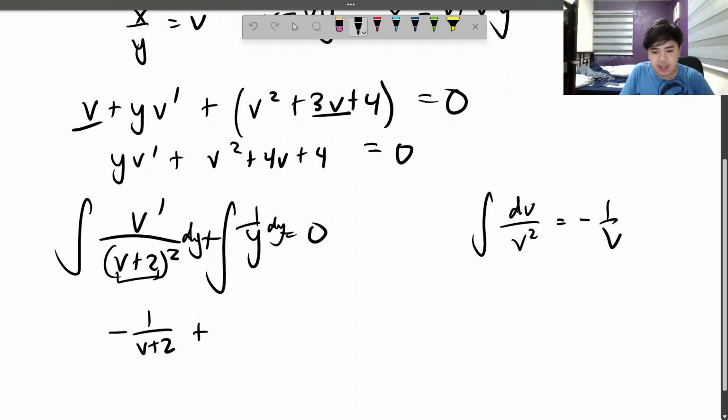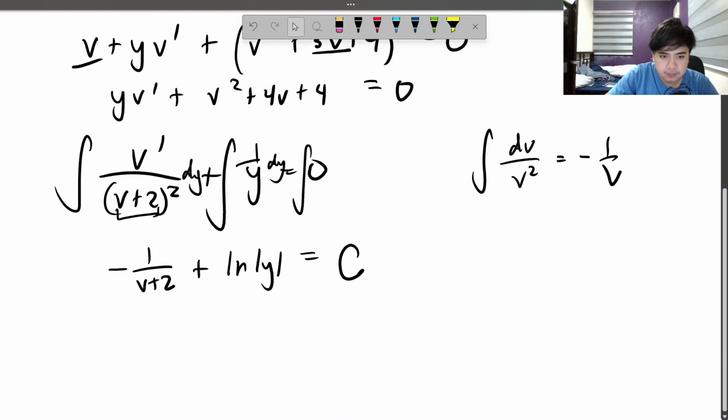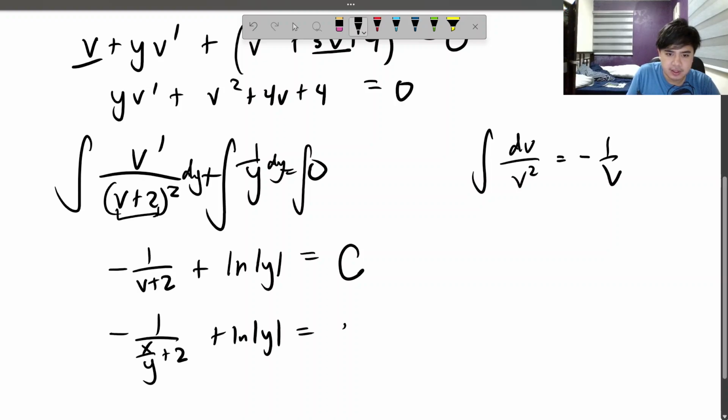Plus ln y here. And don't forget, we're also integrating the other side. So this will be c. Nice. So now we can substitute v back, x over y. So negative 1 over x over y plus 2 plus ln y equals c.